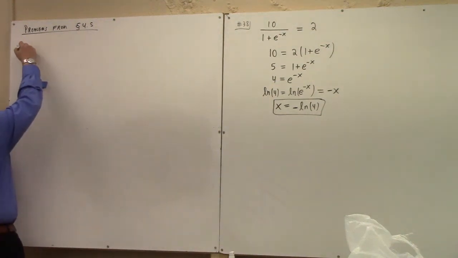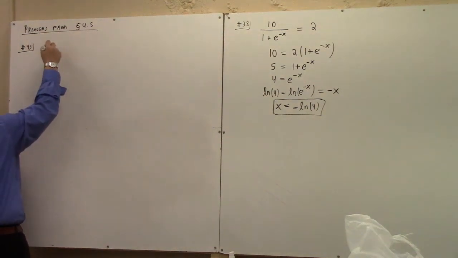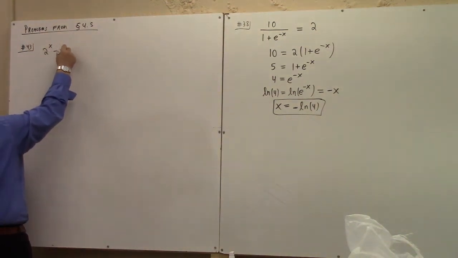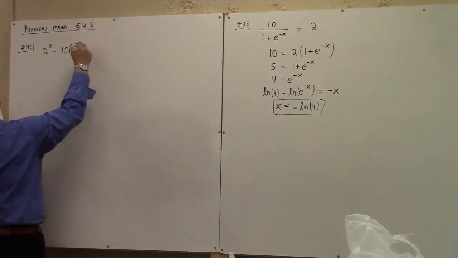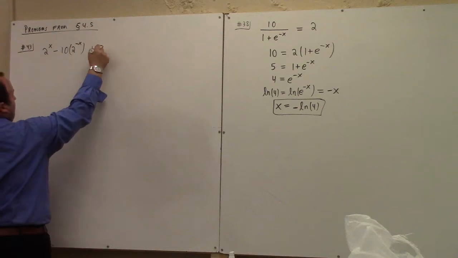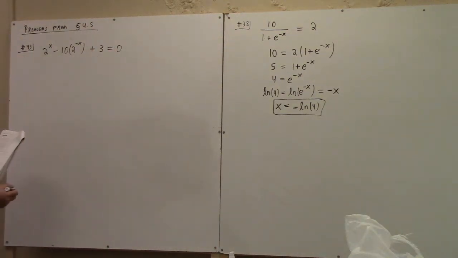I'll do number 43. Here we have 2 to the x minus 10 times 2 to the minus x plus 3. Actually, this one's even a little bit weirder than the other ones, and I'll have to do another one after this.